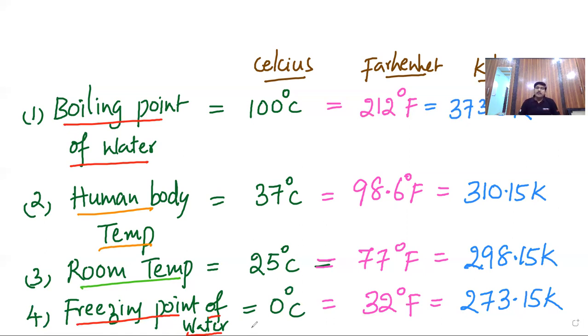So in this session, what have we seen? We have seen some physical properties associated with substances. Number one, we have seen mass. The second property we have seen is weight. The third property is volume. The fourth property is mass density and weight density.